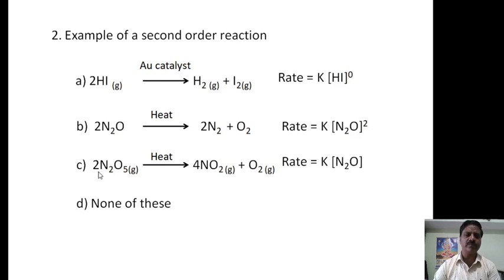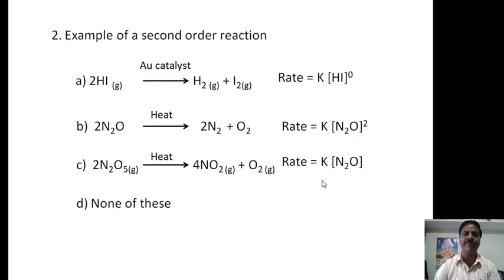Option C is nitrogen pentoxide. Two molecules of nitrogen pentoxide in gaseous form undergo heating to form 4 molecules of nitrogen dioxide plus 1 molecule of oxygen gas. The experimental rate equation is the rate constant times the molar concentration of the reactant to the power 1.